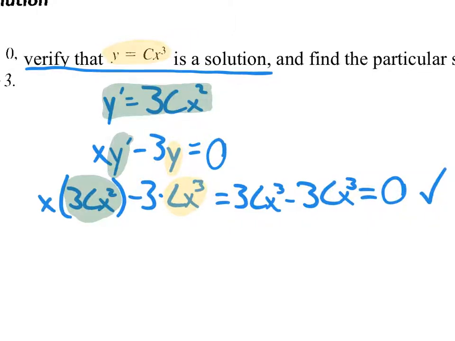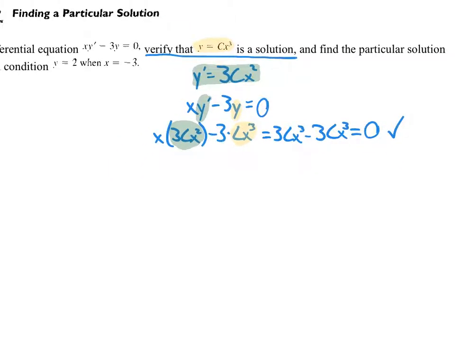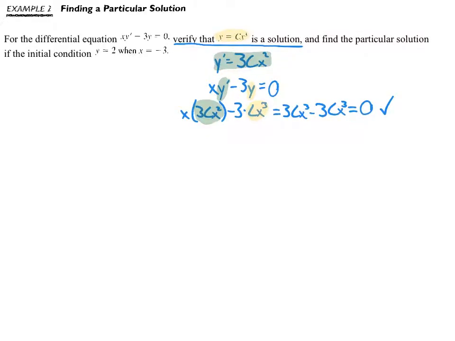All right, so now, how are we going to get a particular solution if the initial condition is y equals 2 when x equals negative 3? How are we going to use that? Do you just plug in 2 and negative 3 and find c? Yeah, if we plug in 2 and negative 3, we can find what c is, right?